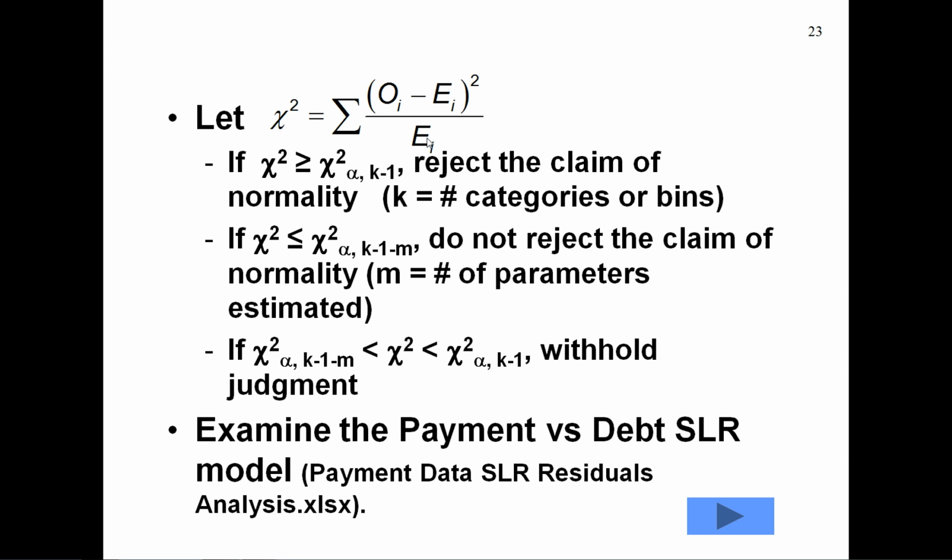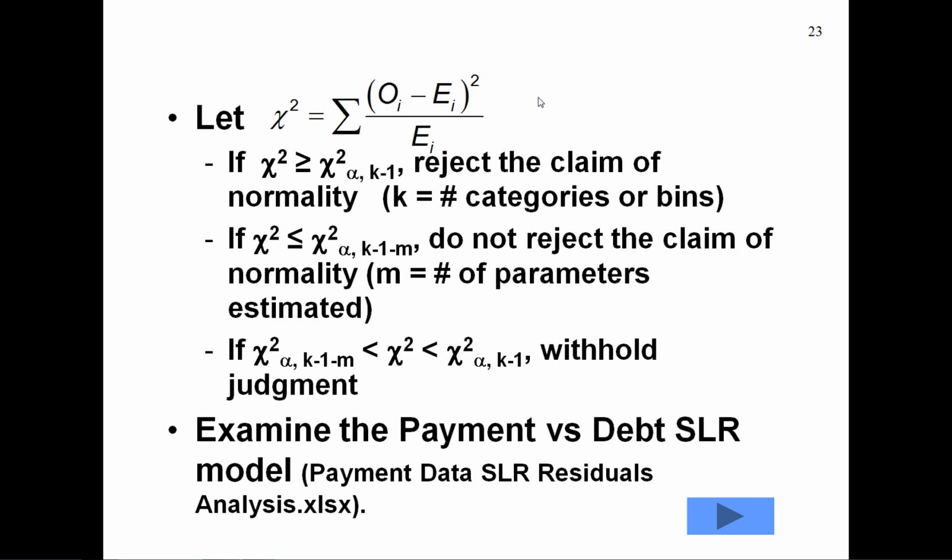The essence of conducting a chi-square goodness of fit test is really quite simple. We take a look at what we observe versus what we would expect to observe, and we standardize it in a way, in this particular case, that allows us to know the distribution of the resulting quantity.